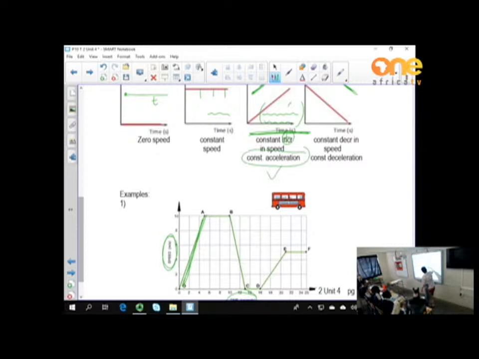So, for the first 5 seconds, the vehicle accelerates constantly. Can you follow that? Then for the next 5 seconds, what have we got? Yes, constant speed. The bus is traveling at constant speed for the next 5 seconds. And then what does the bus do? Yes, it decelerates sharply over a period of 3 seconds.